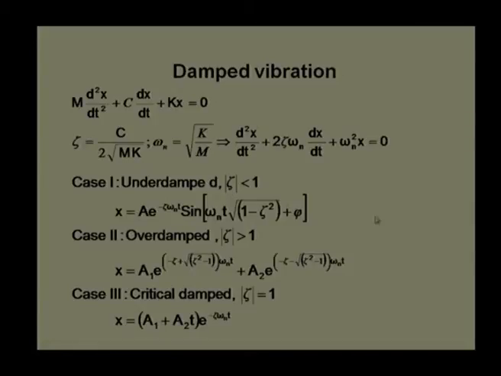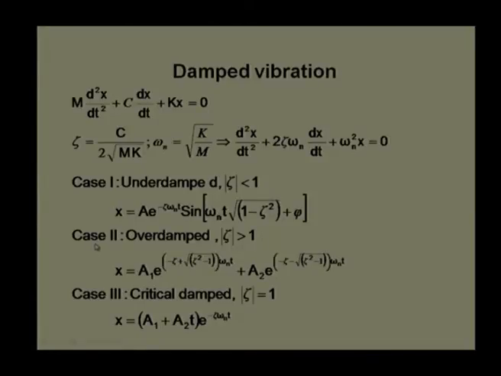Case 1 is zeta less than 1, known as the underdamped system, and the solution for x in terms of t is generally given as some constant, an exponential decay in the magnitude, and then trigonometric terms. We can write it in terms of sine plus cosine, or here we have written a phase angle, so that we can express it in either sine or cosine.